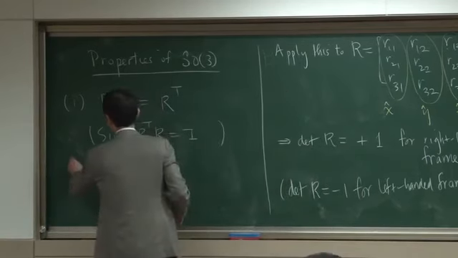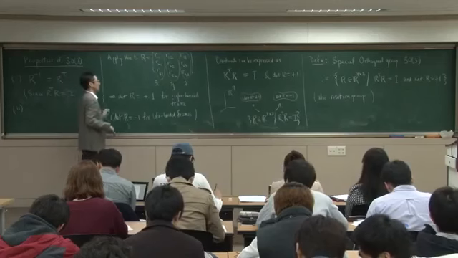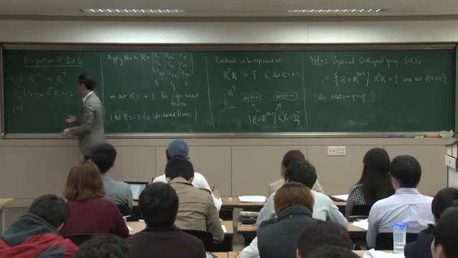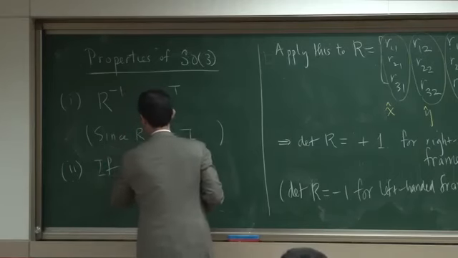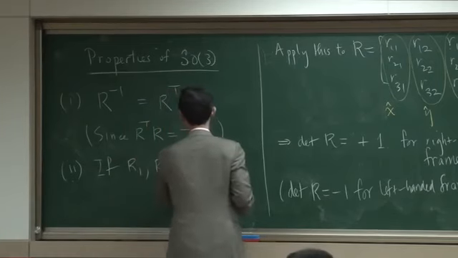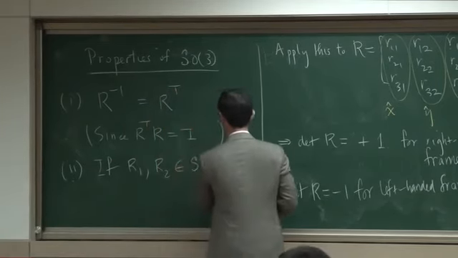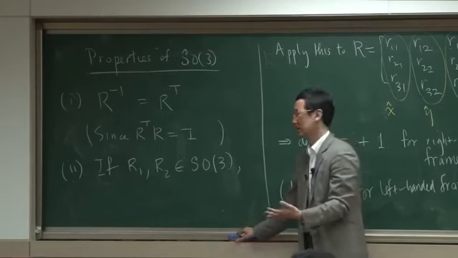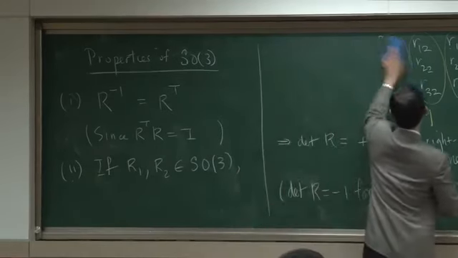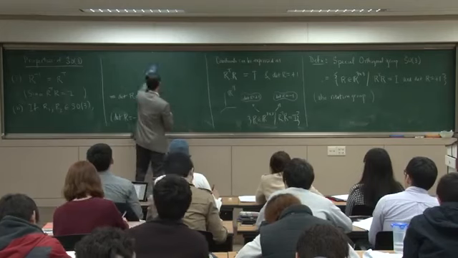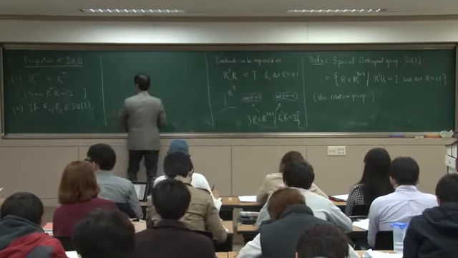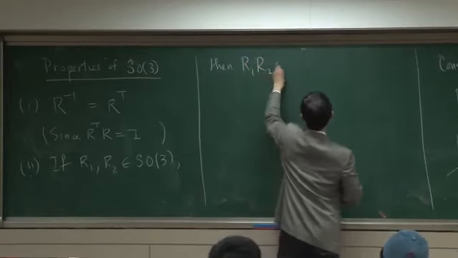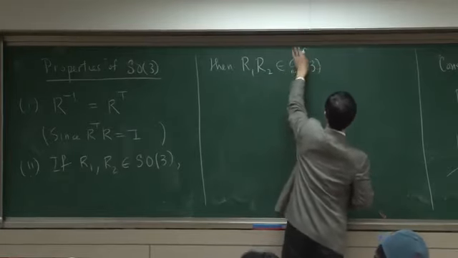Second property: if I multiply two rotation matrices together, what do I get? If R1, R2 are rotation matrices, then it turns out that the product R1 times R2 is also an SO3 matrix.